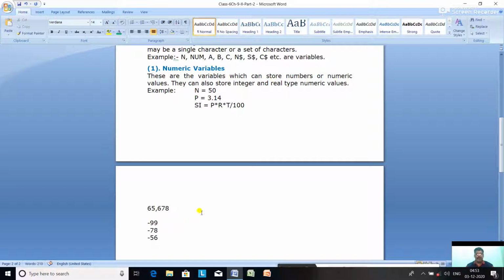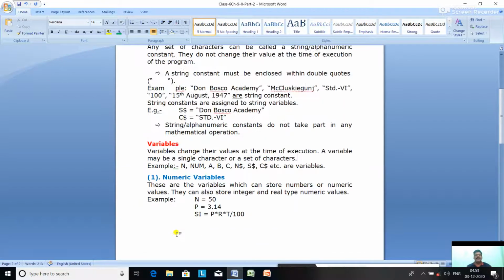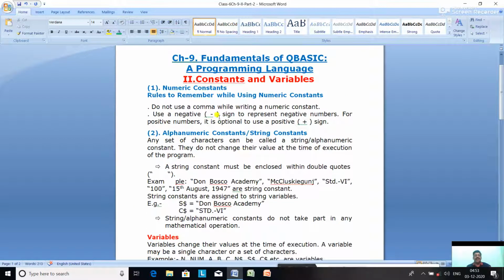But when showing a positive number like 89, 67, 45, there is no need to put the plus sign. By default, it is positive. If there is no sign before the number, it means it is a positive number. For positive numbers, it is optional to use a positive sign; you may use it or not.